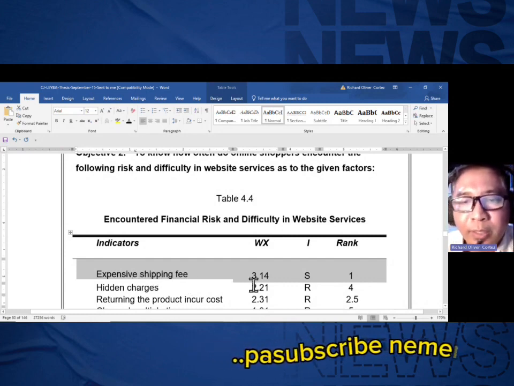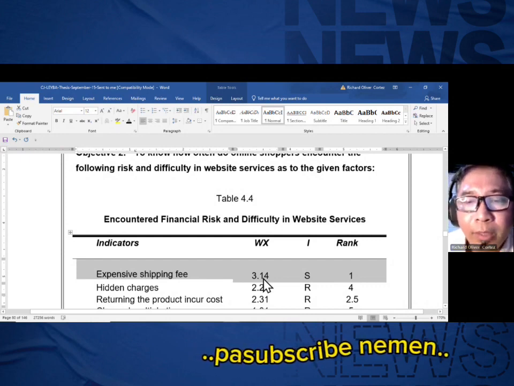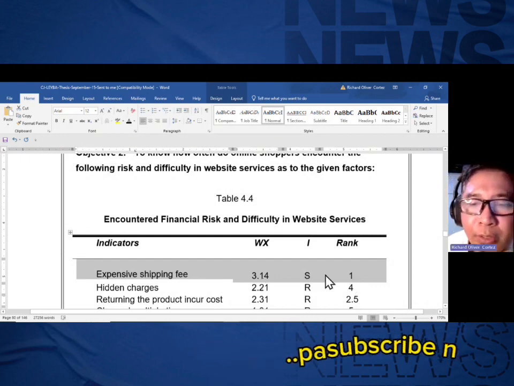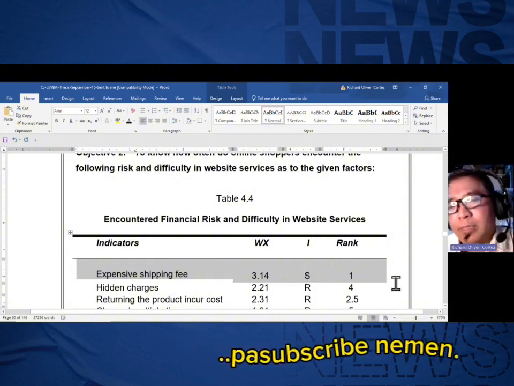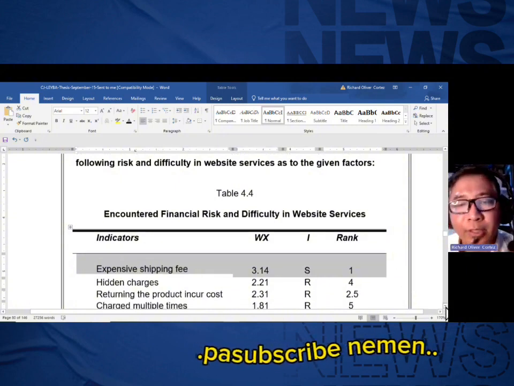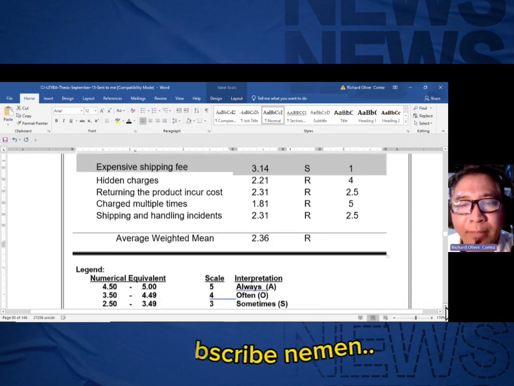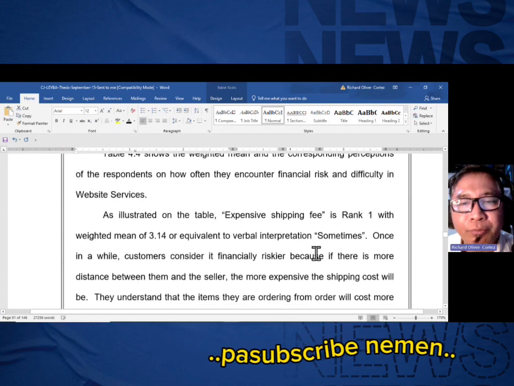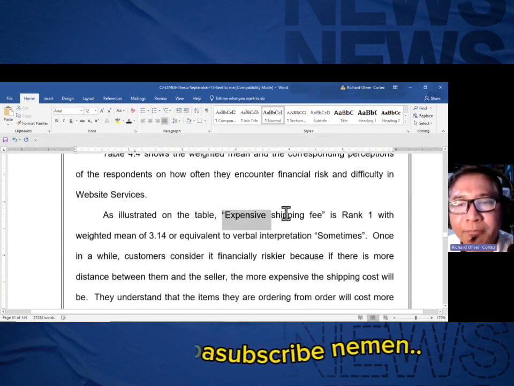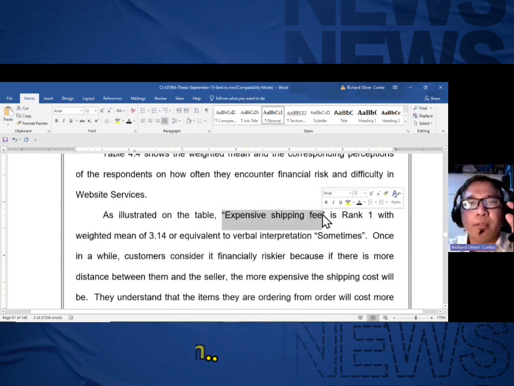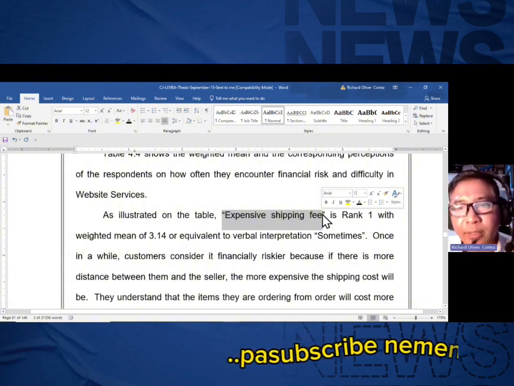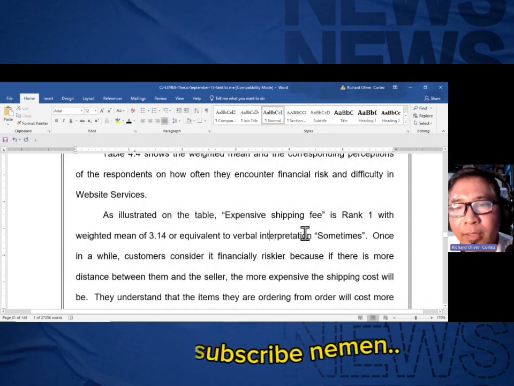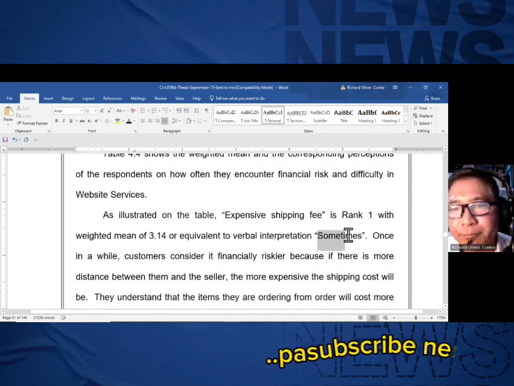You will mention the weighted mean, mention the ranking, mention the verbal interpretation sometimes. So therefore, in your second paragraph, it will be shown: indicator, enclosed in open and closed quotation mark, the ranking, the weighted mean, and the verbal interpretation.